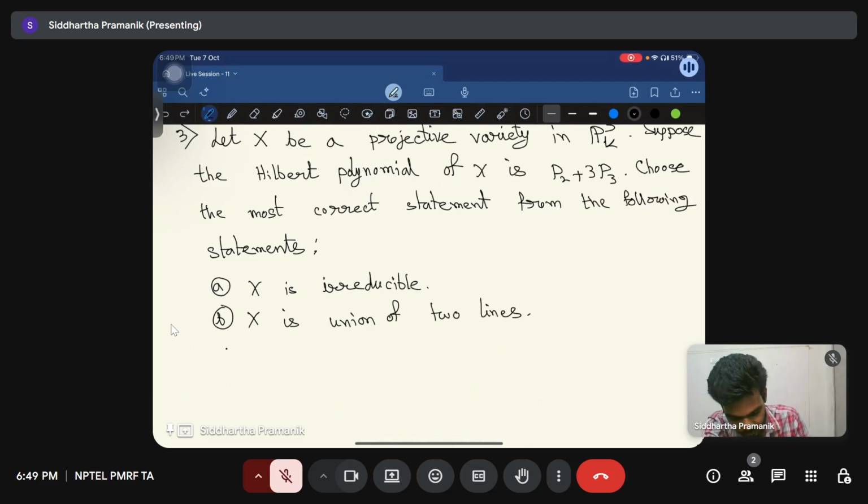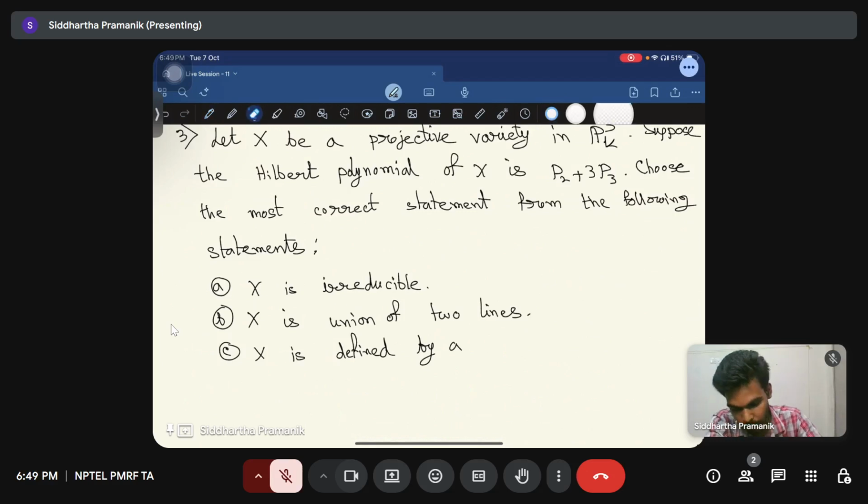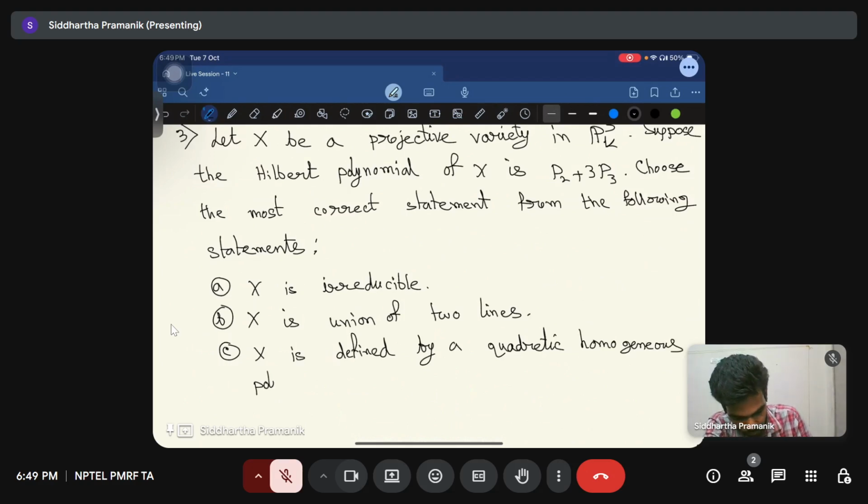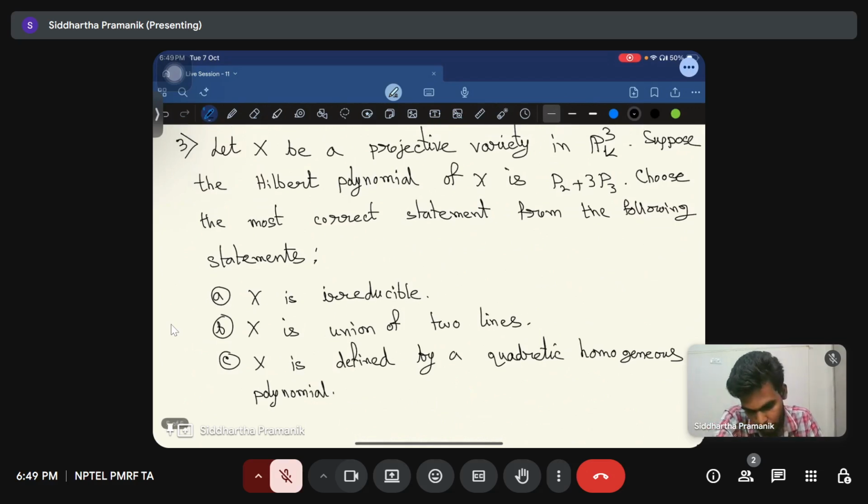And the third is X is defined by a quadratic homogeneous polynomial. Okay. Oh, okay. This should be 2.